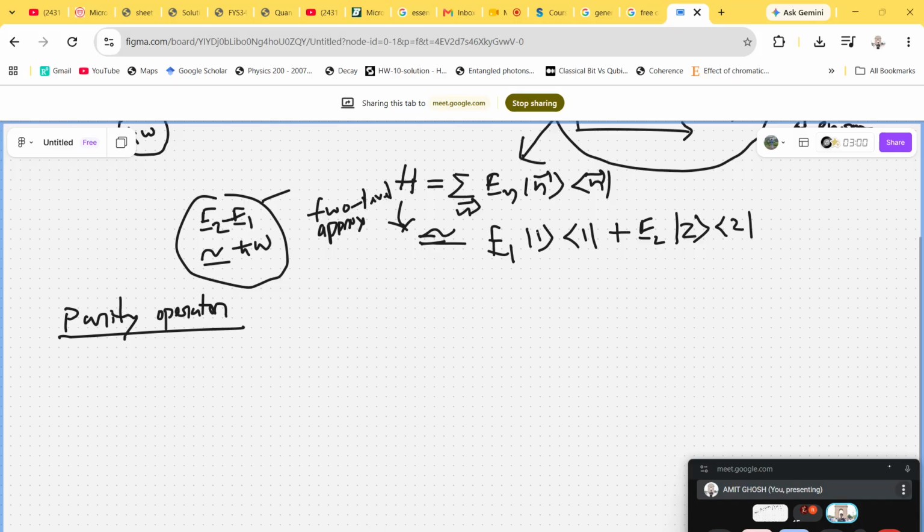Before parity, just finish this part. Okay, I will come back to the parity operator later. Okay, just the initial 5 minutes.